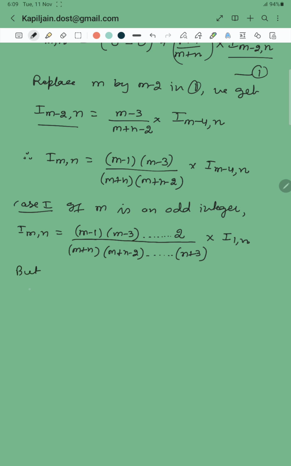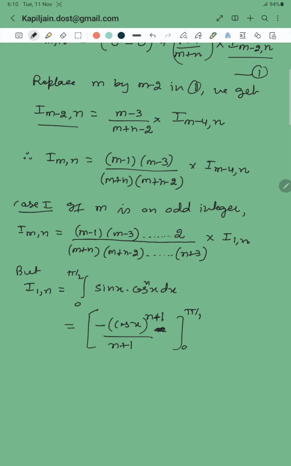But we know that I_1,n is equal to the integral 0 to pi by 2 of sin x raised to power 1 into cos raised to power n x dx, and because the derivative of cos x is minus sin x, so this is minus cos x raised to power n plus 1, divided by n plus 1, with limits from 0 to pi by 2.